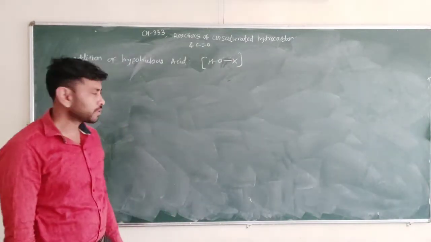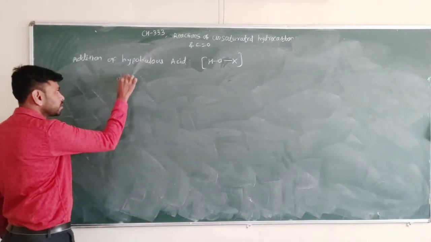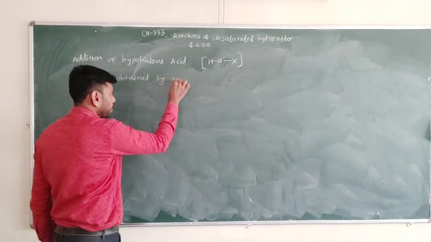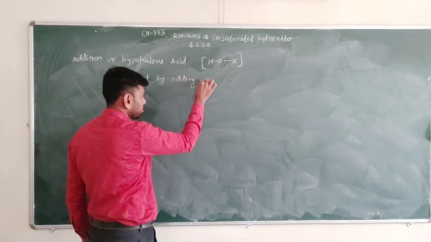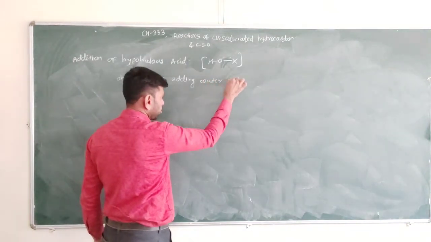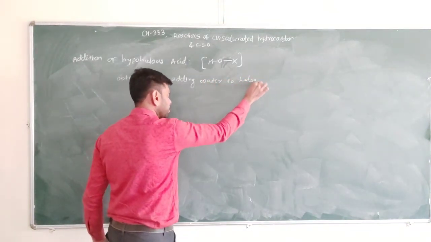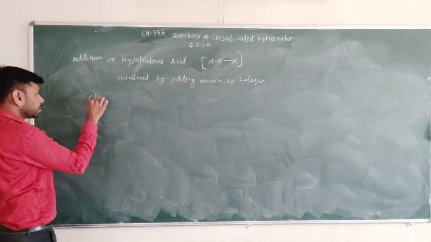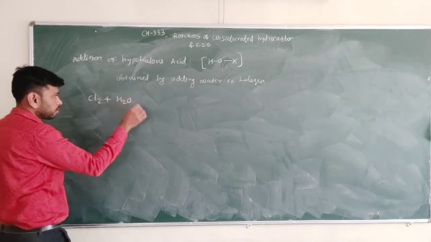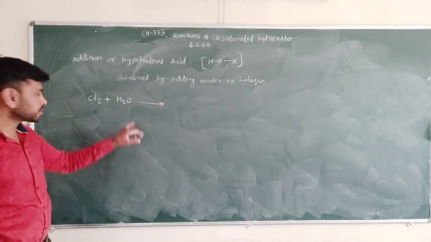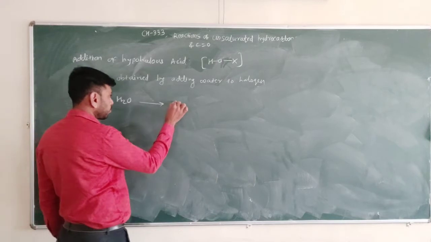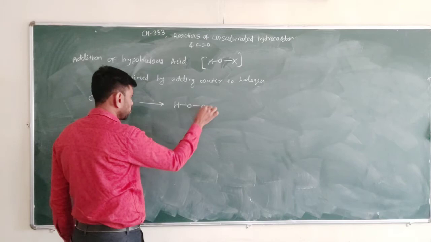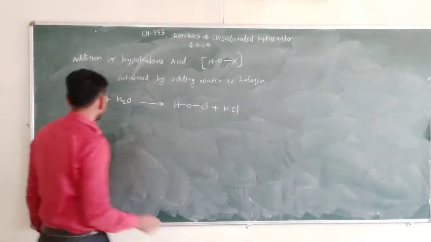How is hypohalous acid obtained? Hypohalous acid is obtained by adding water to halogen. If water is added to halogen, then we get hypohalous acid. See here, when water is added to Cl2, there is a formation of HOCl and HCl.